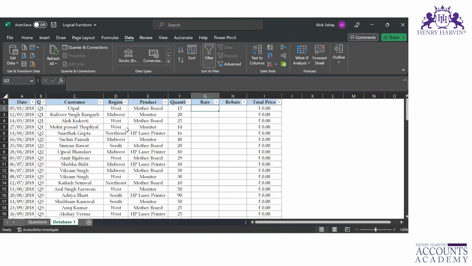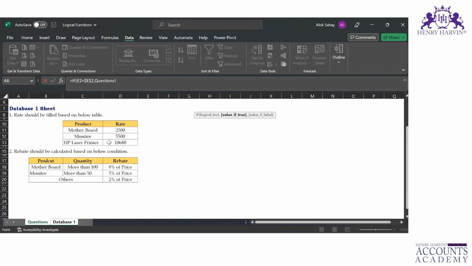So here what you will do is equal to if my product, this, is equal to motherboard. I have provided the first condition that my product is equal to motherboard, then my price should be this, correct? And when you select this, please keep in mind that you are fixing the cell, you are freezing the cell. Otherwise, whenever you drag the formula, this cell will also get dragged.